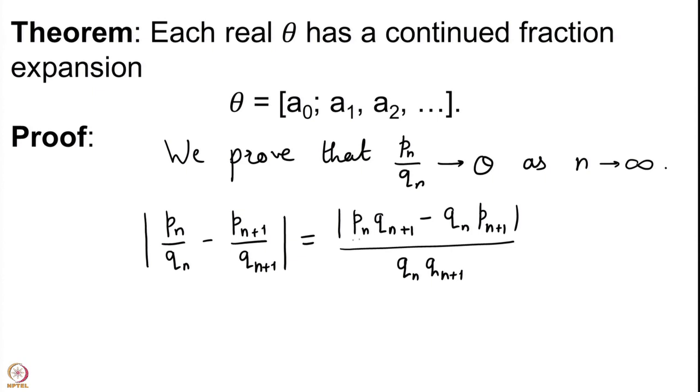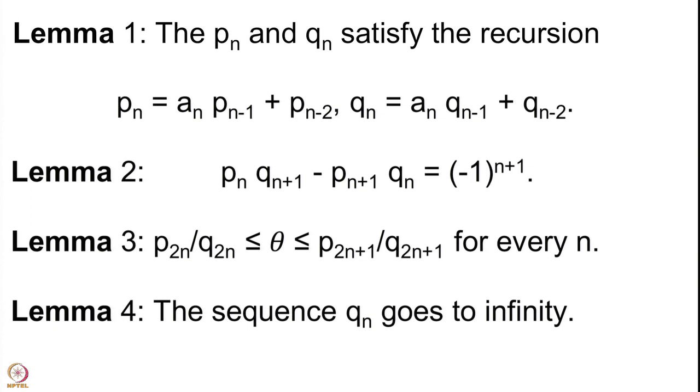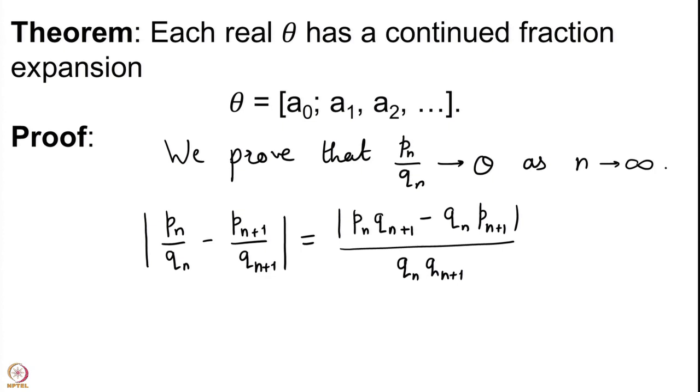Now, the numerator that we have here is equal to plus or minus 1. This is our lemma 2. Pn Qn plus 1 minus Pn plus 1 Qn is minus 1 to the power n plus 1. So, the numerator here is 1 or minus 1, and therefore, this is 1 upon Qn Qn plus 1. So, the difference between any two successive convergents is 1 upon Qn Qn plus 1.